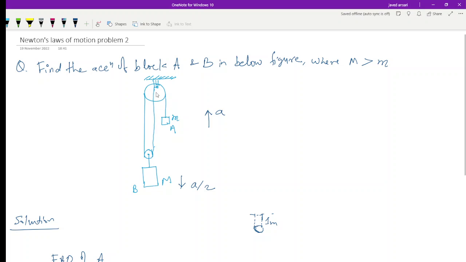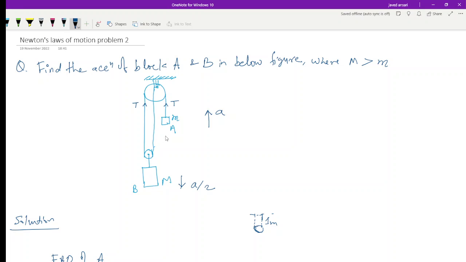Since the string is massless, whenever the pulley is massless, the tension on both sides of the string will remain the same. So if this is the tension this side, then this side also it will be T, both sides.